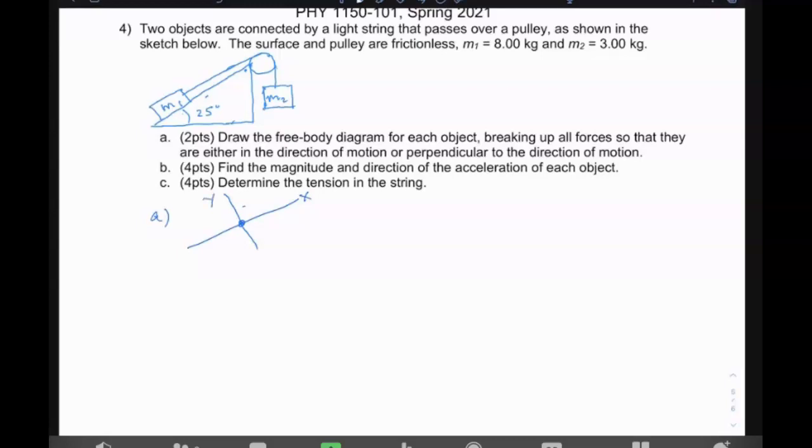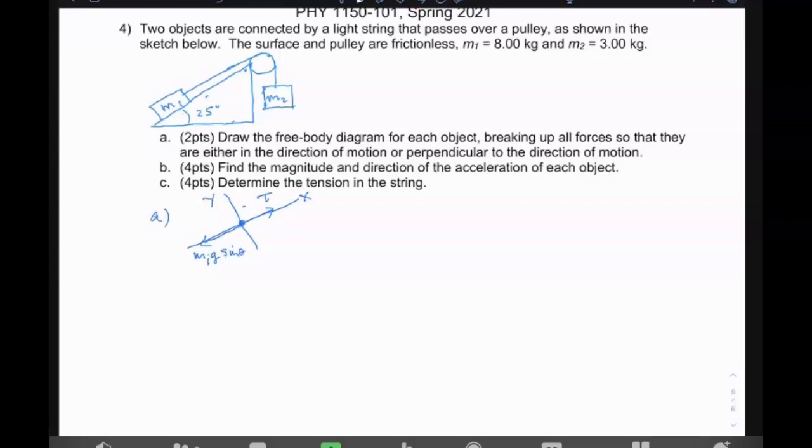And we have a tension force acting up the incline, and we have the x component of the weight of mass 1 acting in the minus x direction.